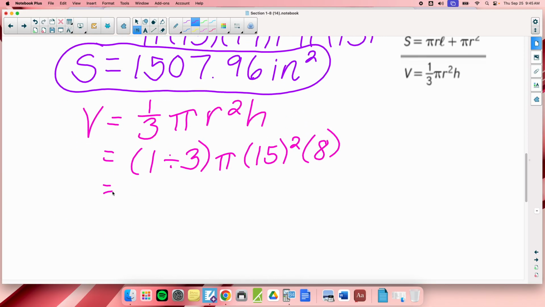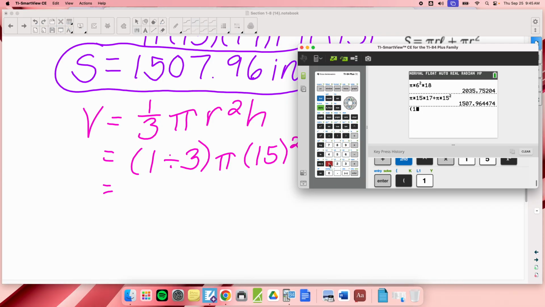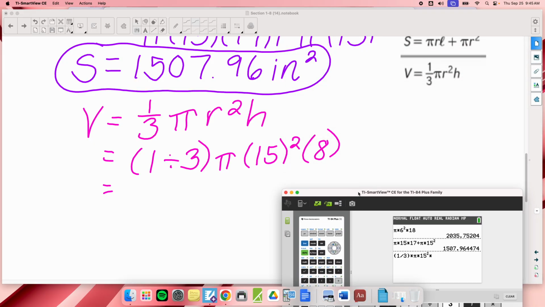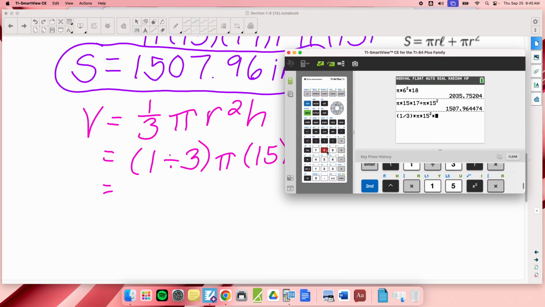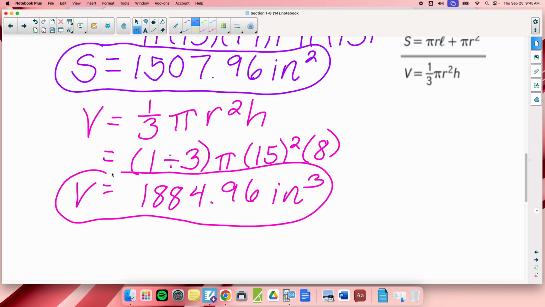So if I go to my calculator to type that in, I'm gonna go parenthesis 1 divided by 3 parenthesis times pi times 15 squared times 8. Did you guys get 1884.96? Yep. Okay. 1884.96, and that would be in cubic inches. Okay?